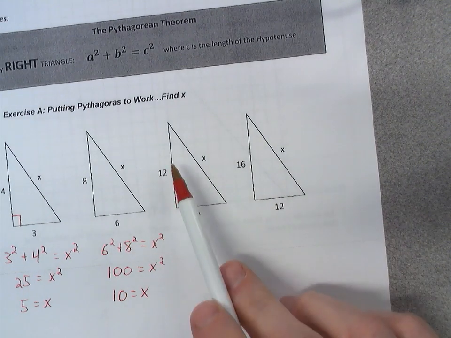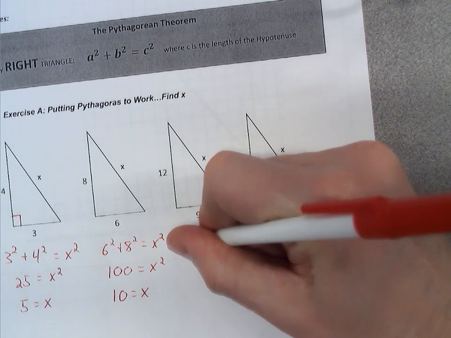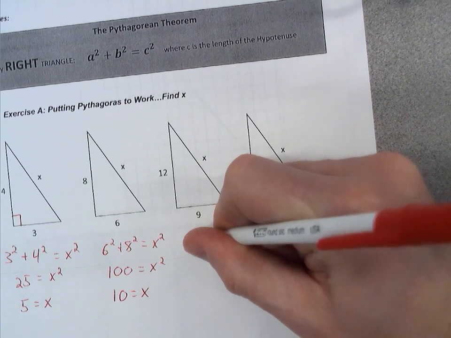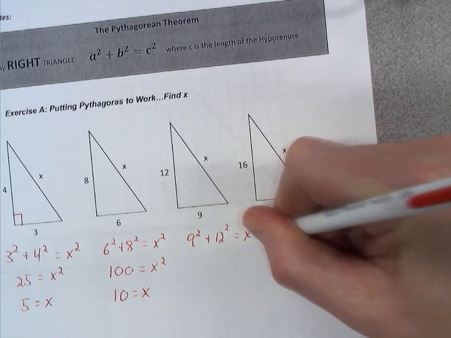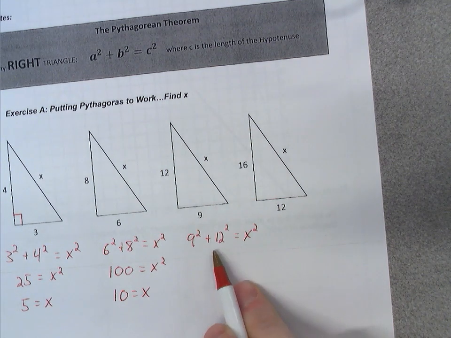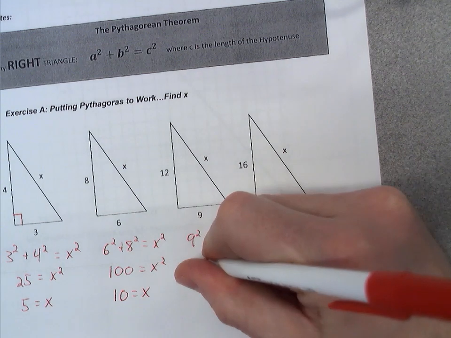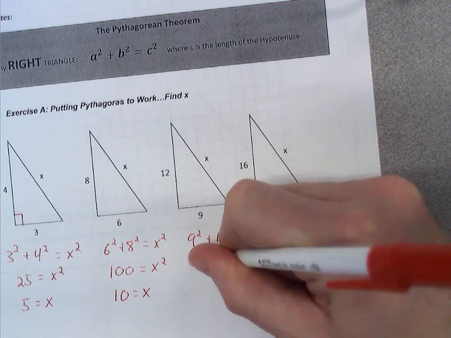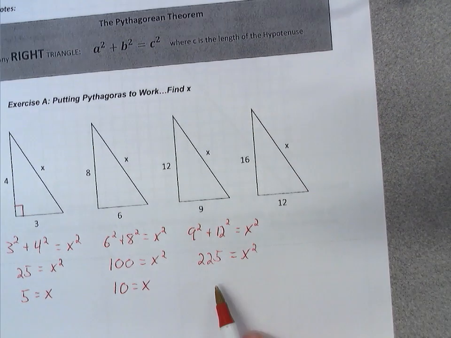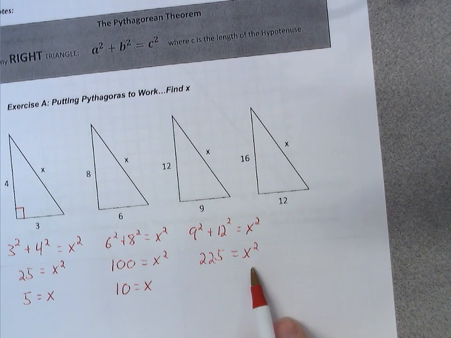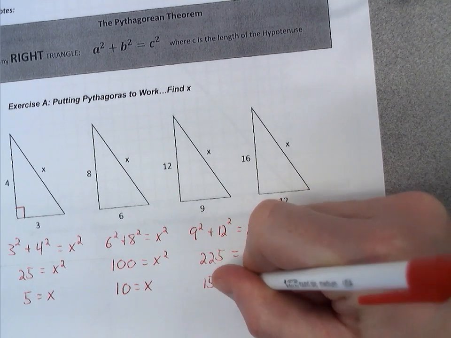We've got a right triangle with sides 12, 9, and x. So we're going to take 9 squared plus 12 squared, and it's going to be equal to x squared. 9 squared is 81, 12 squared is 144. Add those together, we get 225 is equal to x squared. Take the square root of both 225 and x squared, and 15 is equal to x.